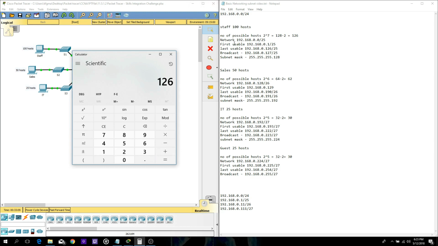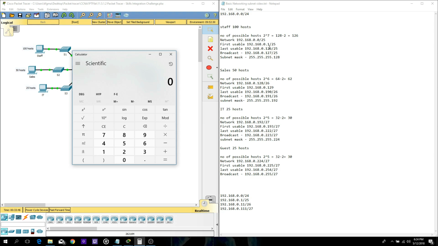So we already know that our network is 192.168.0.0. How did I get the slash notation of 25? We borrowed 7 bits, and the way I did this is 32 minus 7 gives us 25. The first usable host is 1, because the network is 0.0, so our first usable host is 1 up from the network.